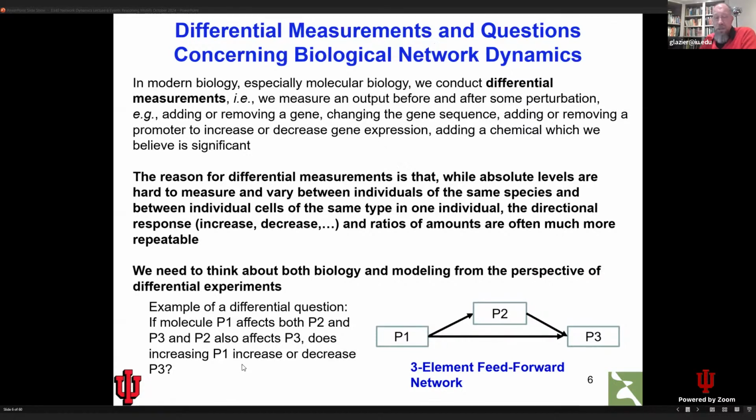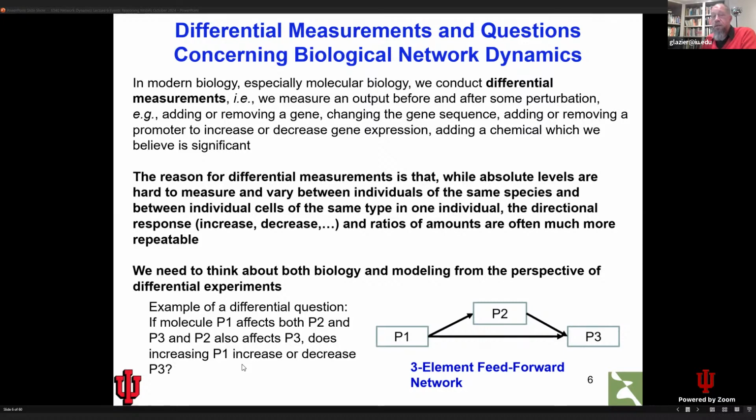Another question that we run into biologically a lot, and this is becoming less true, although it's still true to a substantial extent, is that biologically it's very hard to quantify molecular species. Normally, we can't measure the exact concentrations of a molecular species. And often we don't really know what those exact concentrations would mean in any case.